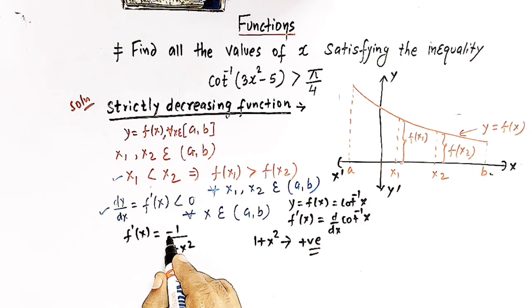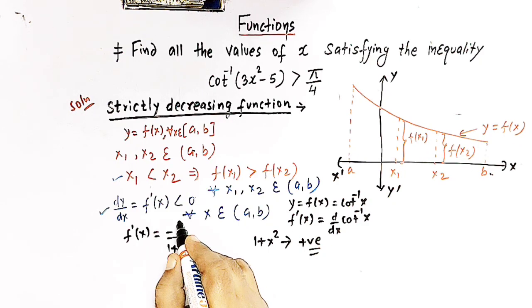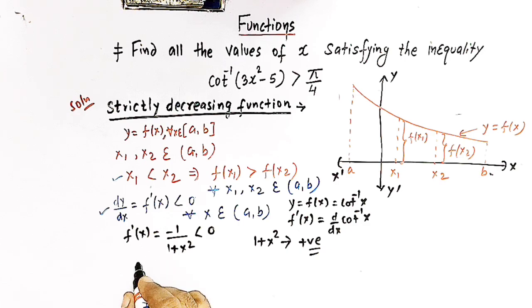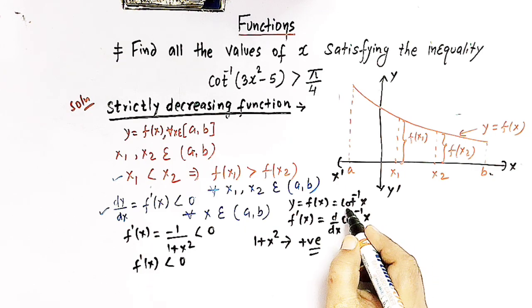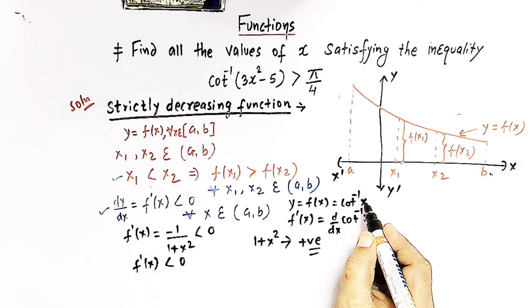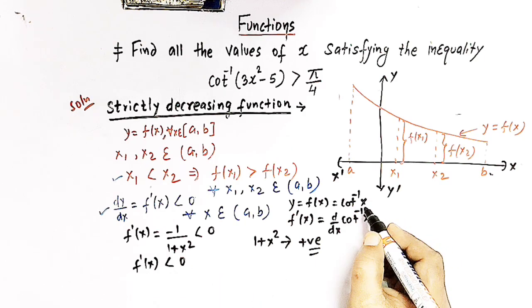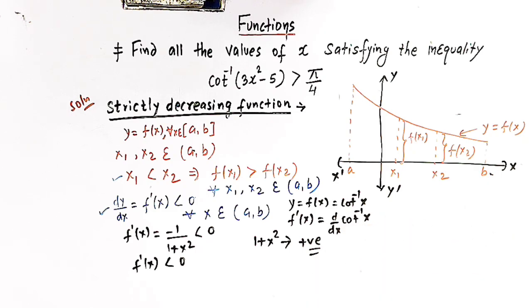And here we have the negative sign, so the denominator is always going to be positive. So this entire term should be less than 0 for all values of x belonging to the domain. So we can conclude that f prime of x is less than 0, right? So we can now say that the cot inverse x function is a strictly decreasing function for all values of x belonging to the domain.